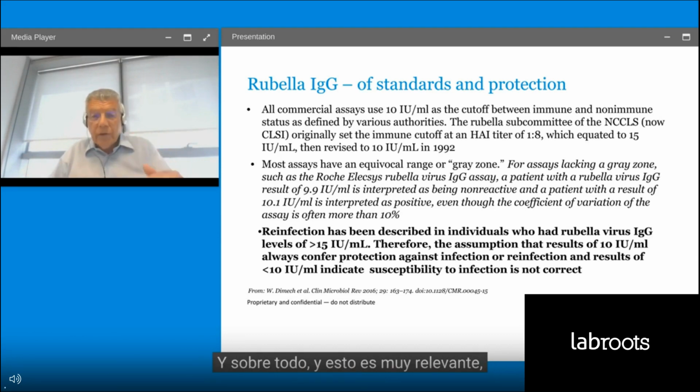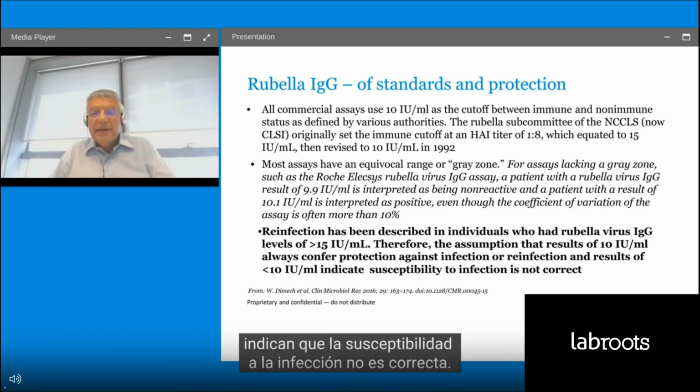And most of all, and this is very relevant, there have been evidences of reinfection in individuals with IgG titers or levels of more than 15 units. So the assumption that a result of 10 always confers protection against infection or reinfection, and that results below 10 indicate susceptibility to infection, is not correct.